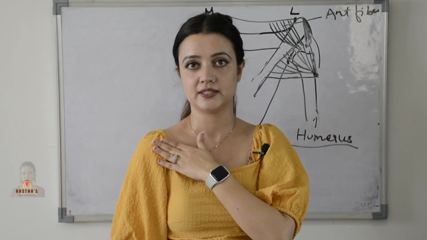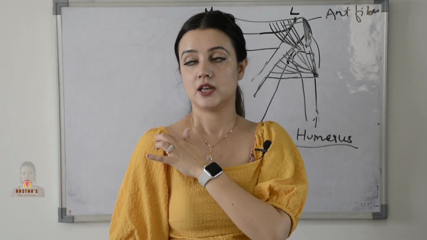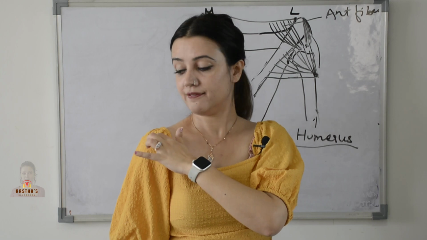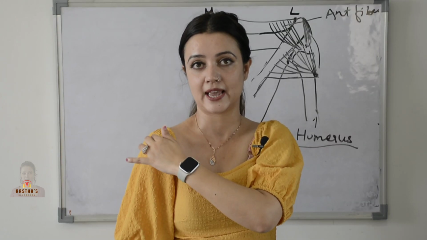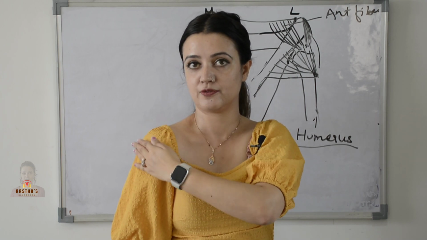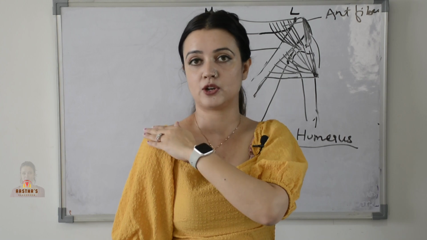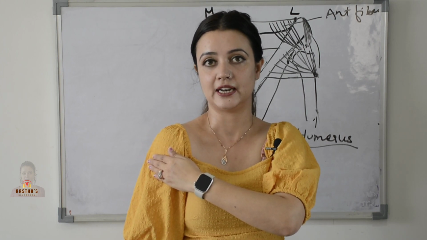Because it is present in the center of the other 2 fibers. So the middle fiber originates from acromion process of scapula, which is present here. So this bulk of deltoid is our middle fiber of deltoid.